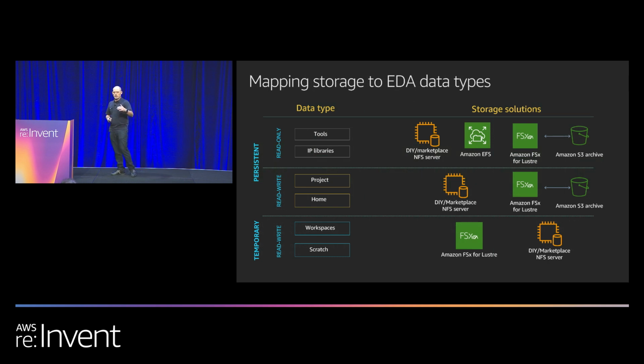And so this is where we see some of the tools actually fitting. So we're talking about persistent versus temporary, and read-only, write-only, or read-write, and thinking about, well, where can I fit some of the managed components? Is it worth the additional effort to maybe stand up my own storage solution to get something up and running?